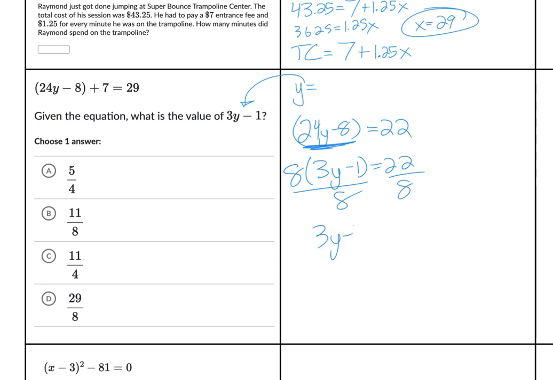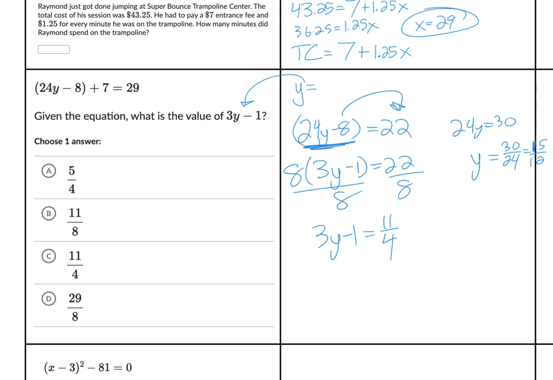So 3y minus 1 equals 11/4. Now, if we didn't want to do that, we would just add 8 to both sides over here and get 24y equals 30. So y equals 30/24 or 15/12.